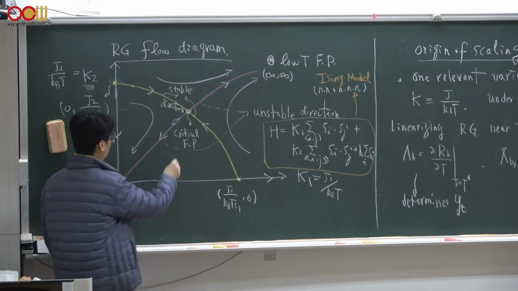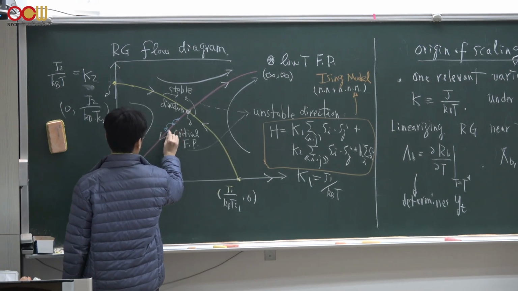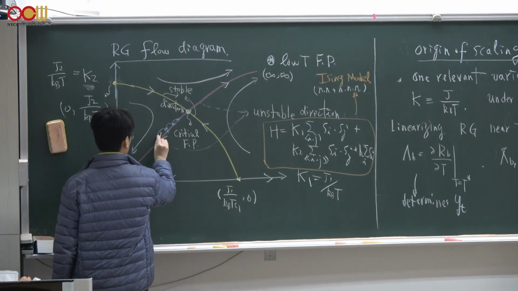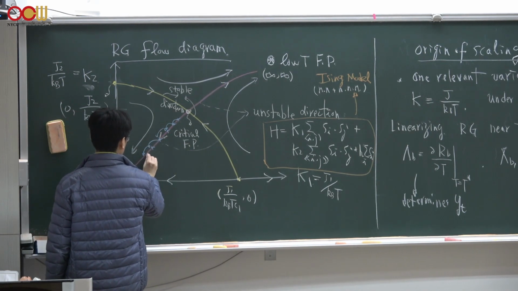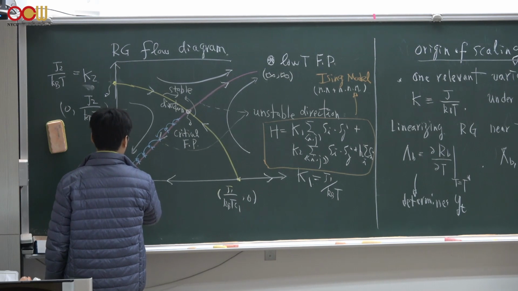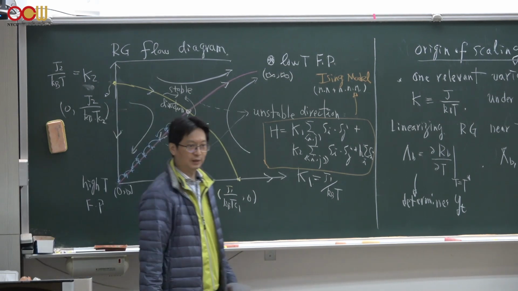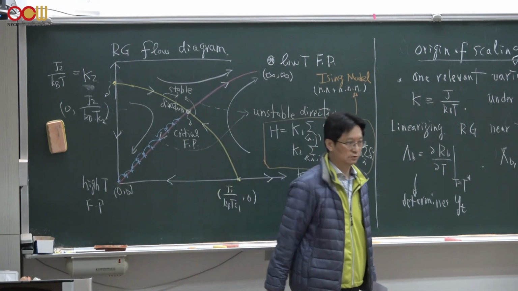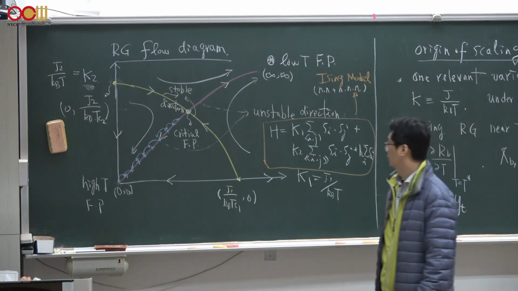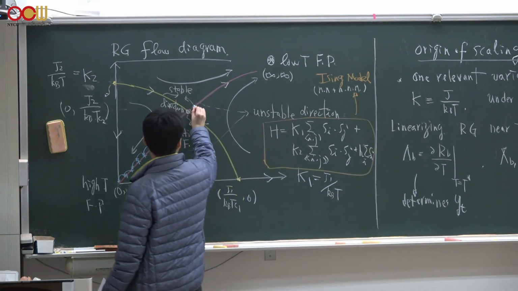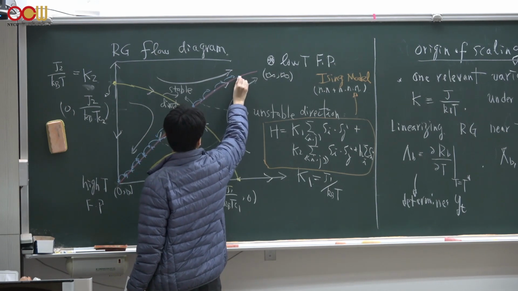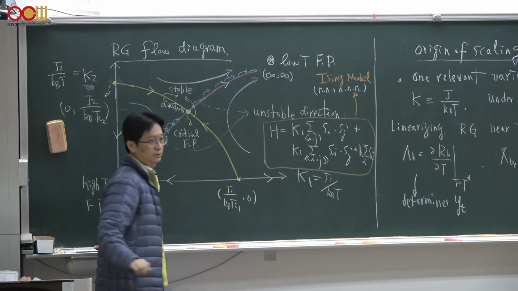So I come here, and both couplings get smaller and smaller as you keep iterating this RG transformation. After an infinite number of iterations, my initial coupling will flow to this 0, 0 fixed point, which is the high temperature fixed point. Likewise, if I start from here, eventually I will flow to infinity, infinity, which is a low temperature fixed point.